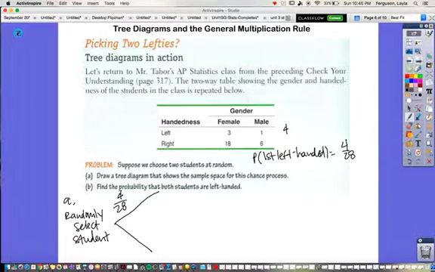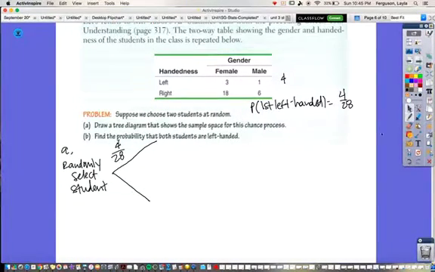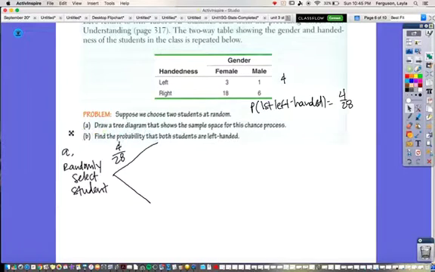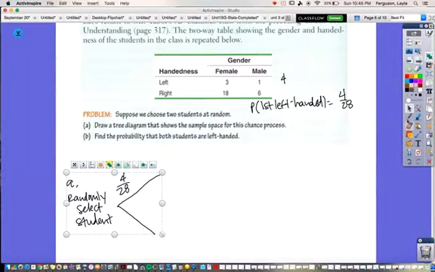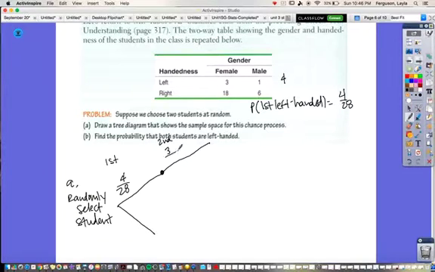Let me move this down a little bit so I've got enough room. All right. This is for the first student. If the first student was left-handed, let's say the second person is also left-handed, there would be 3 out of 27.